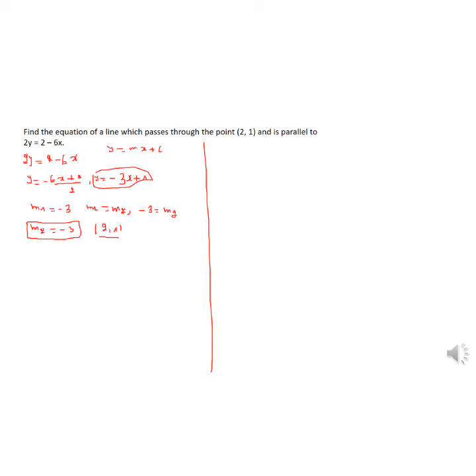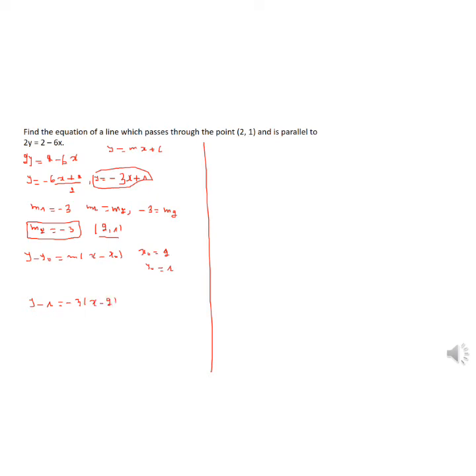Remember that the equation of a line is y minus y0 is equal to m times bracket x minus x0. Here x0 is equal to 2 and y0 is equal to 1. So now replace each term by its value: y minus 1 is equal to negative 3 times bracket x minus 2.